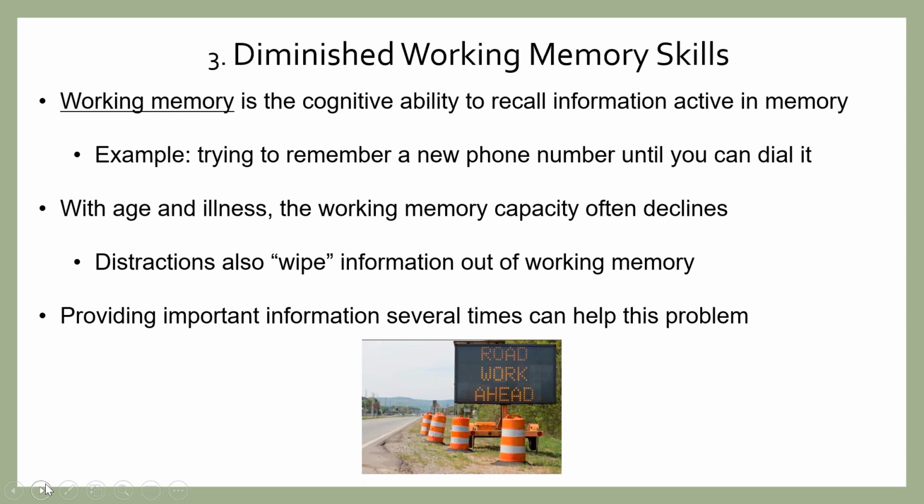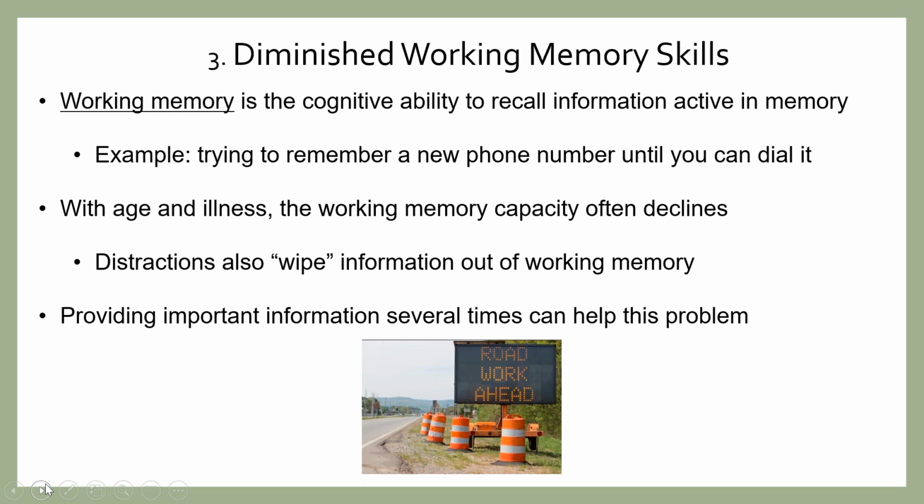So on the road, an example of where working memory is applied is if we have dynamic message signs. And so trying to provide information to the motorist, like an exit is closed ahead, or a detour is ahead, or to reach a certain destination, take exit so-and-so.